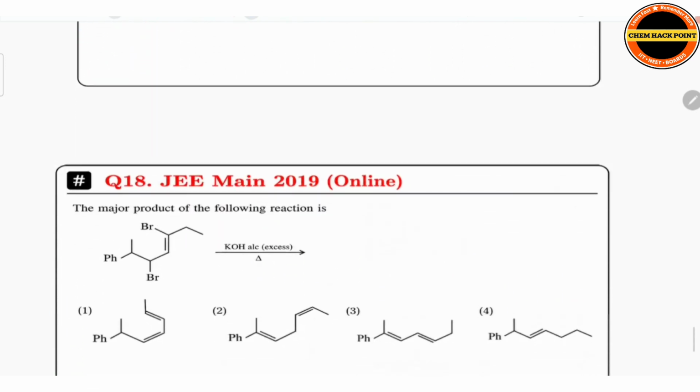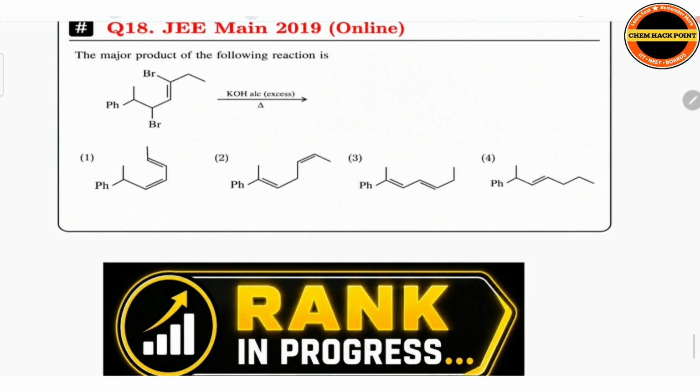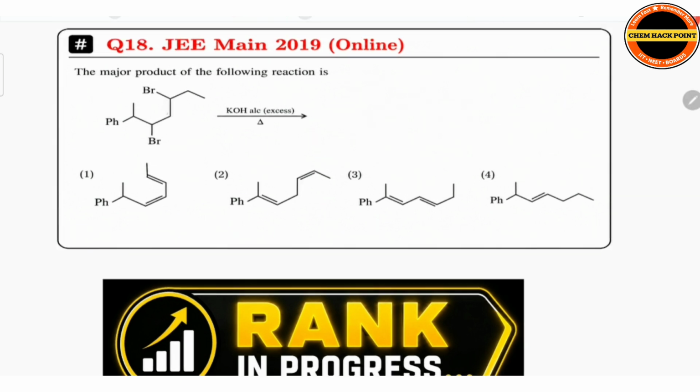Direct question it is. The major product of the following reaction is, see what is the role of KOH here? KOH is a dehydrohalogenating agent, which removes hydrogen halide. So now if you are removing hydrogen halide here, what happens? Observe it. See here what happens. We have to remove hydrogen halide from this given substance. How?